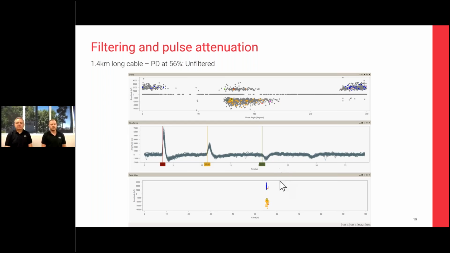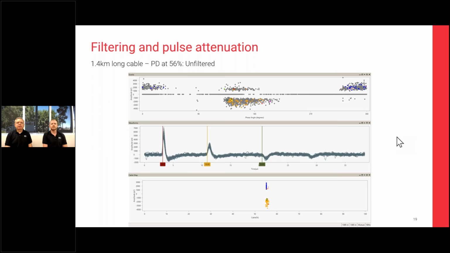So we're finding the discharge here roughly about 55% up the cable on the 1.4 kilometer long cable. You can see the first pulse coming to us, the first reflection, and then the far end of the cable. Perfectly able to see both the clustering and the unipolar PD pulses and locate that conclusively to about 55% of the length of the cable, and with a discharge level of around 2,500 picojoules.